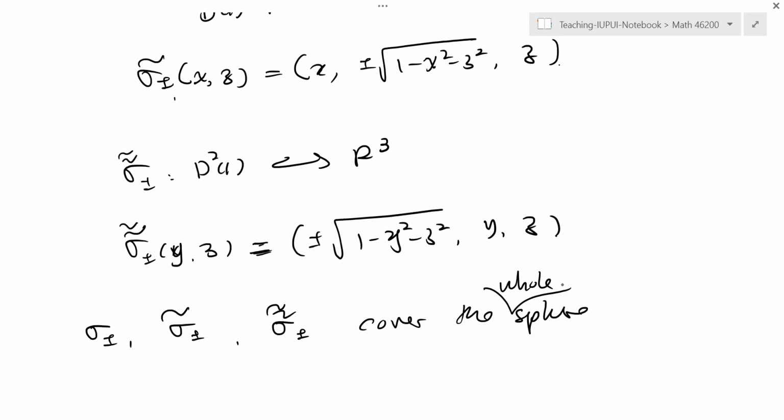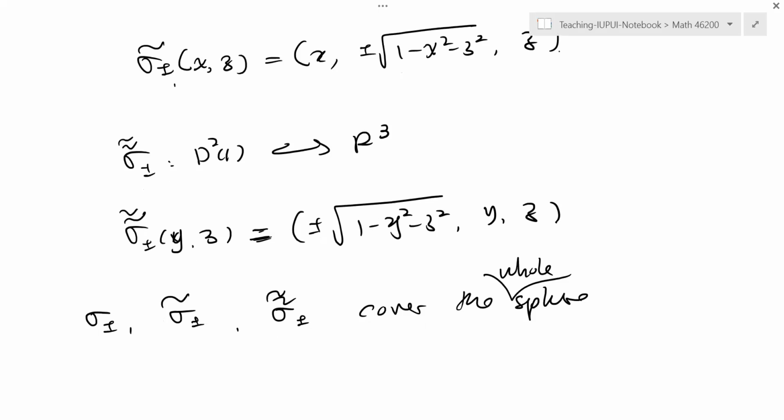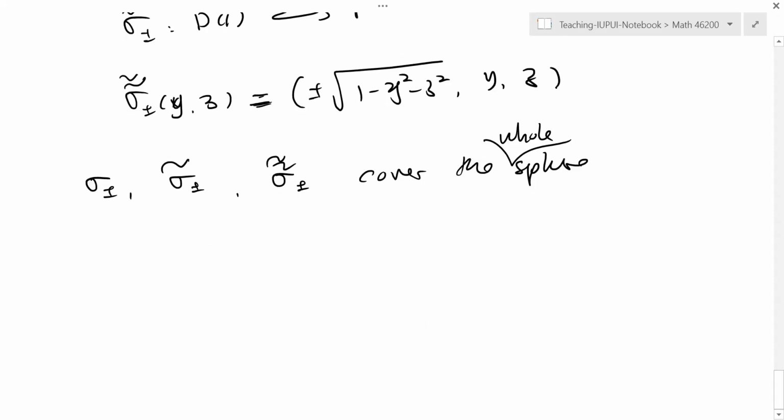How many satellites do you need? As many as possible. The same idea applies: it depends on what kind of mapping you're going to use. So geometry is used in many problems, space science for example.